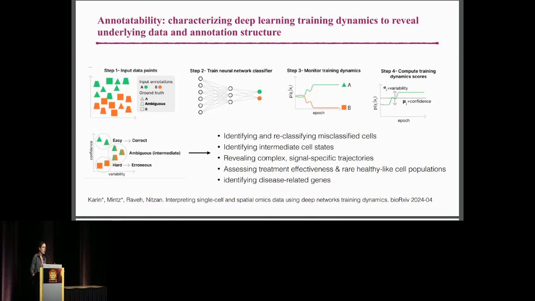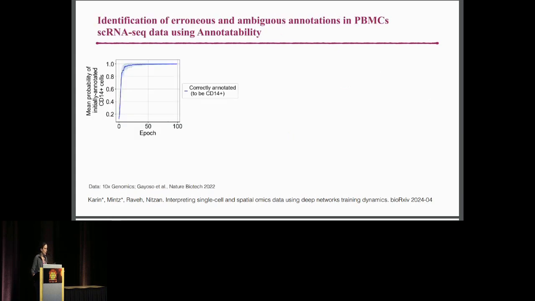We can also use it as a basis to reveal continuous trajectories in the data, and also assess treatment effectiveness and identify rare populations, such as healthy-like cells in diseased tissues. So here is an example.